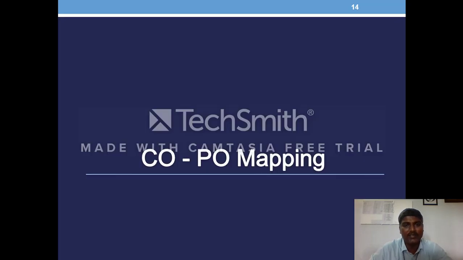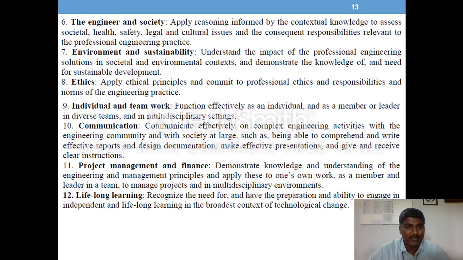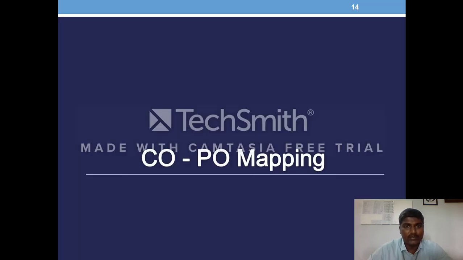Okay, and this is what is expected from the student immediately after completion of his program. So next, going for how each course is going to contribute to attain all these program outcomes set by NBA.